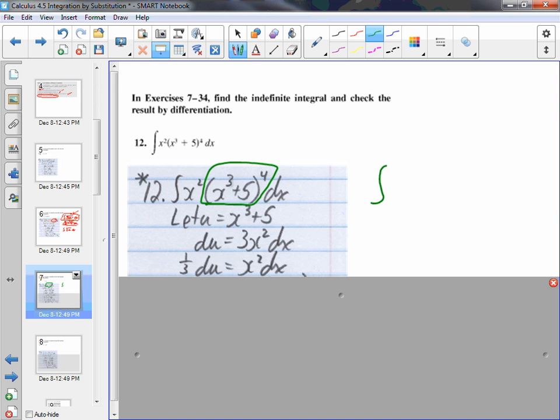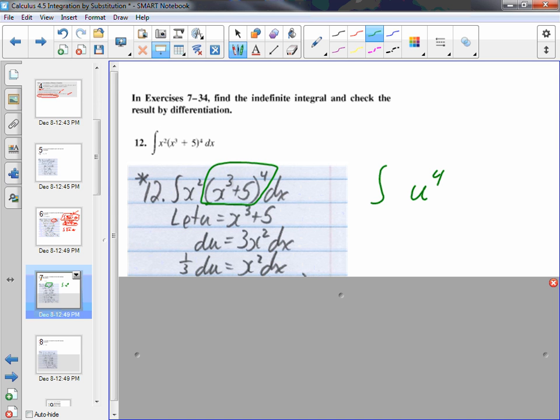X cubed plus 5 is u, and then since it's x cubed plus 5 to the 4th, u to the 4th replaces what I have boxed in green. Now look what I have left to replace.